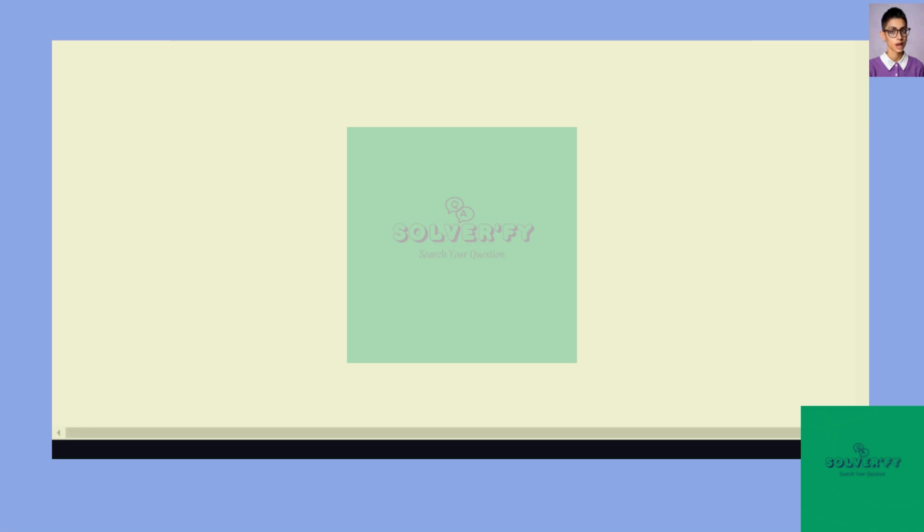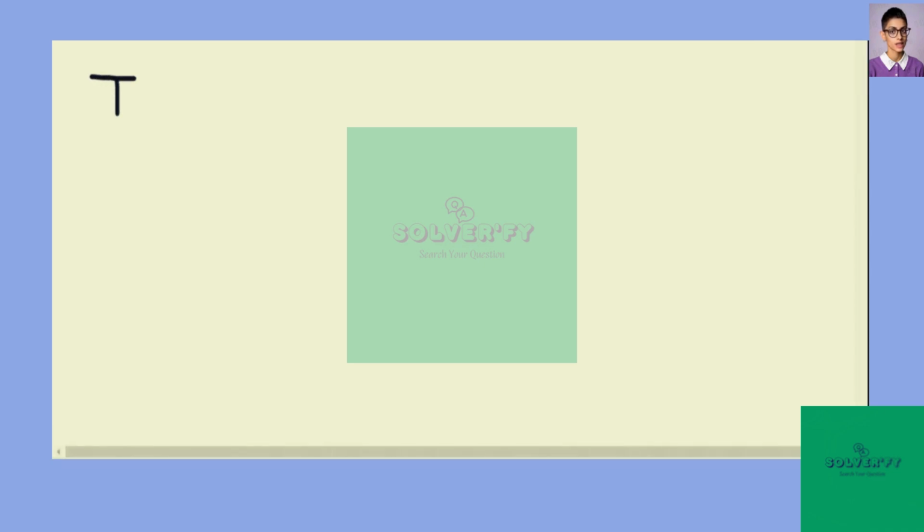So we're asked to figure out the speed of a satellite in circular orbit around the Earth. Well, I know that the square of the period is 4 pi squared r cubed over GM.